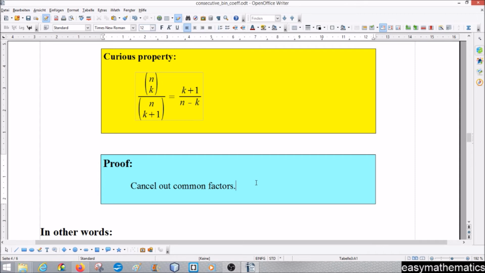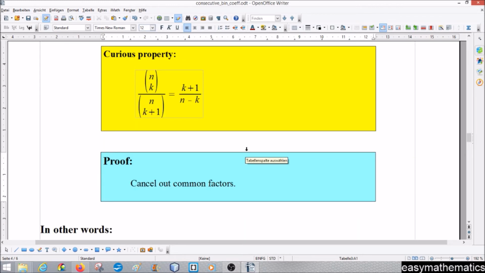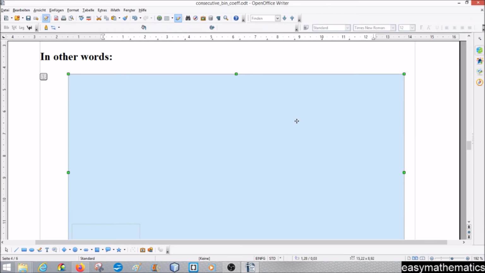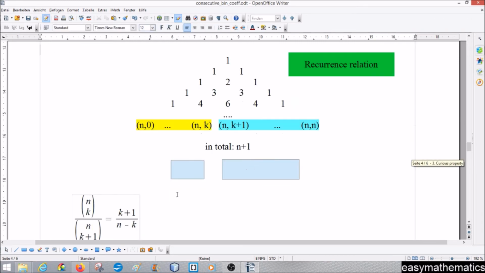But what is funny in this property? I show this in the Pascal triangle. Down here I've written the relation again. If we take a row in the Pascal triangle, then we know there are n plus 1 binomial coefficients in a row.